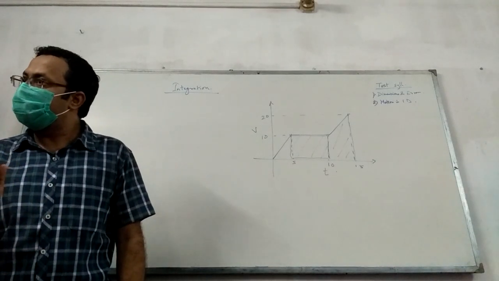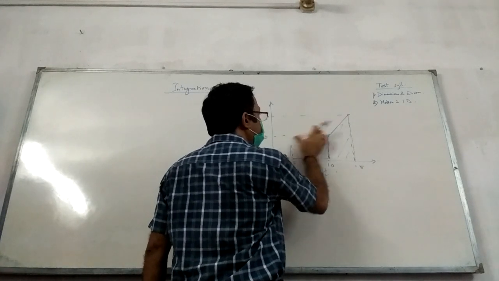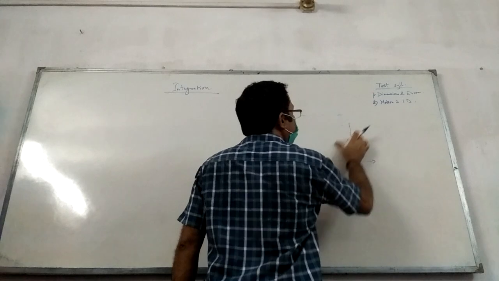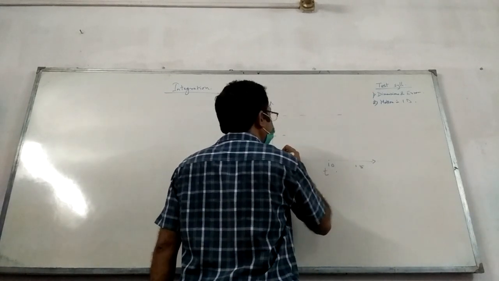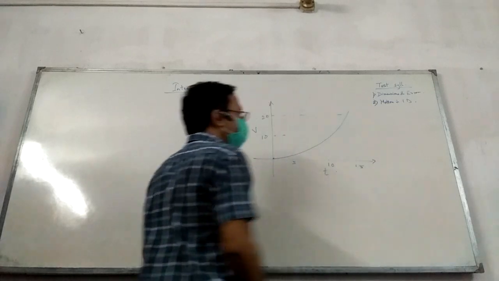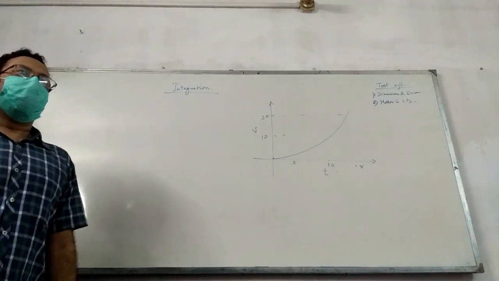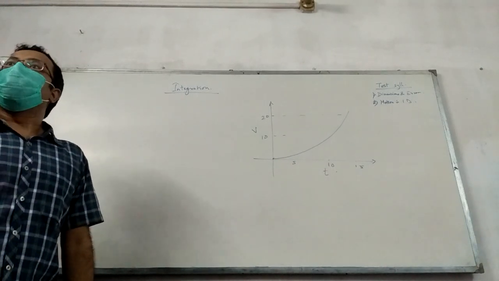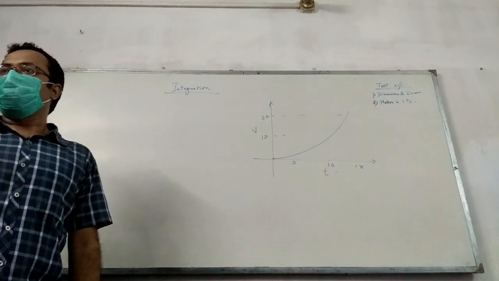Now that's one case, but what happens if the graph is not like this, instead the graph is like this, a non-geometric shape? Then you need integration to find out the area.